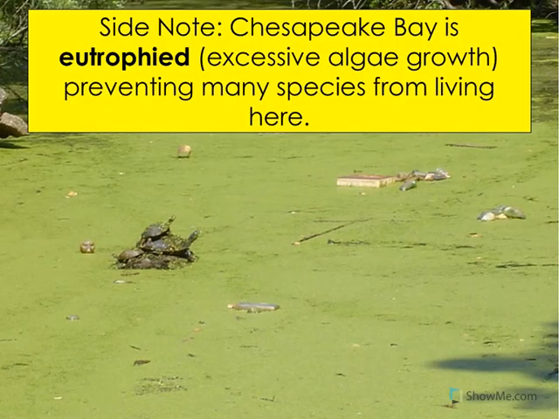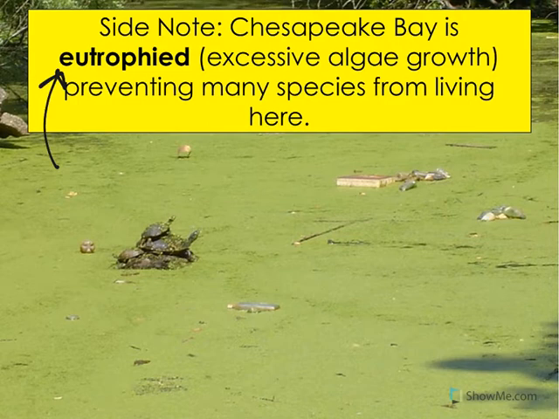So this is a good time to point out this idea of eutrophication, which is a phenomenon that happens when we have this excessive growth of algae in an area. And this is happening in Chesapeake Bay, and past tense of eutrophication is eutrophied.